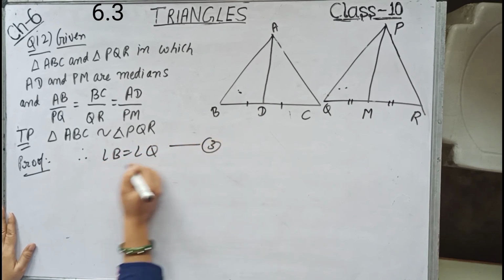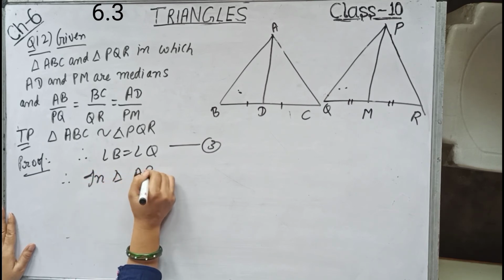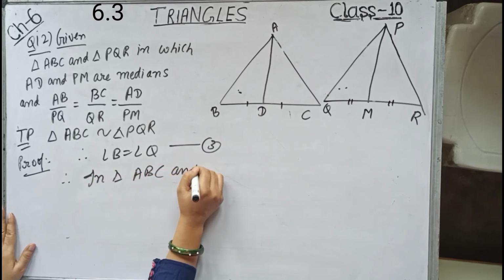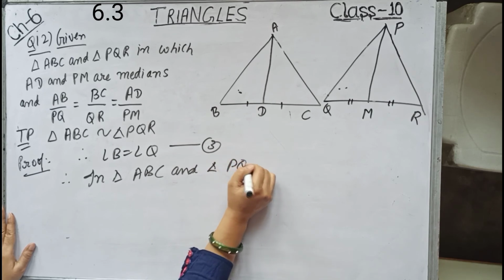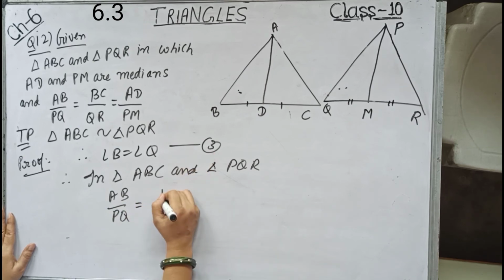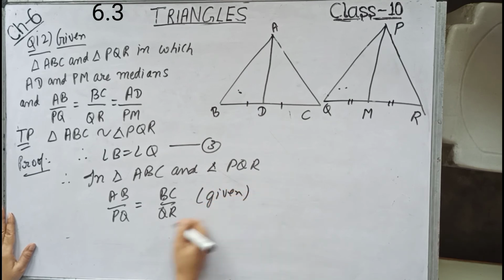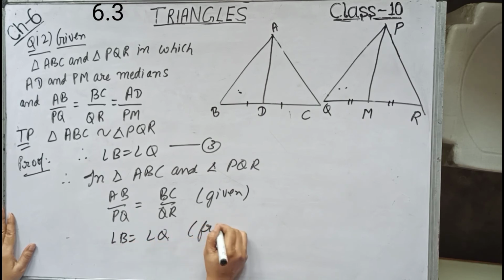Make it number 3. Therefore, in triangle ABC and triangle PQR, AB by PQ equals BC by QR. It is given, and angle B equals angle Q from 3.